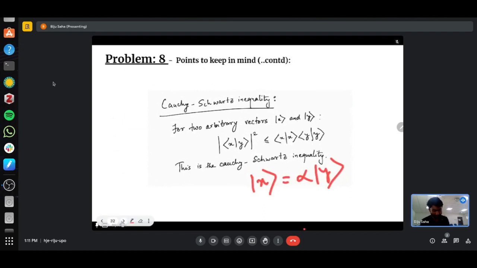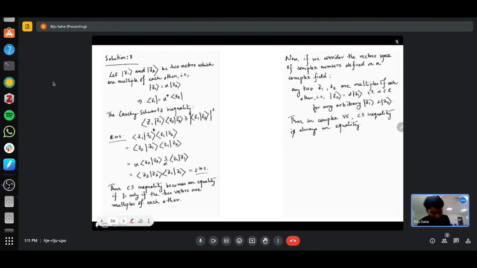Let us first verify that. So we started with this particular definition. There are two vectors z1 and z2, and I have written them as multiples of each other. A constant multiplying z2 is equal to the z1 vector.